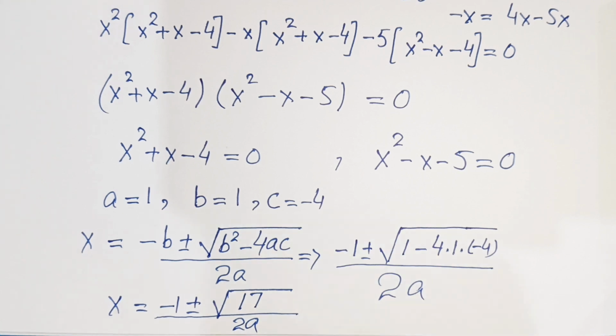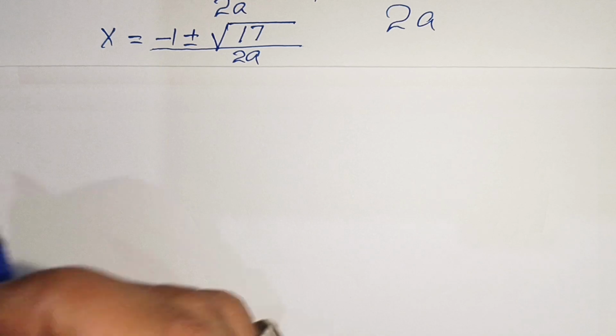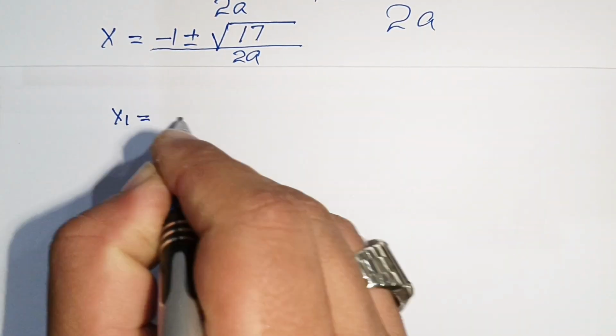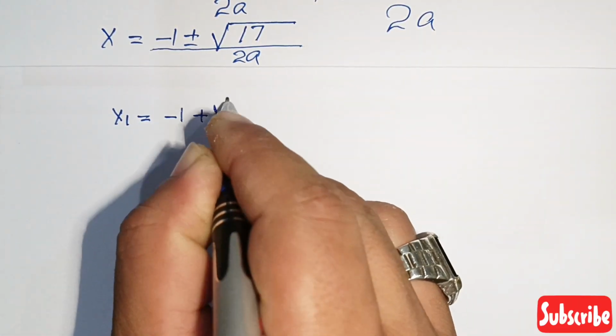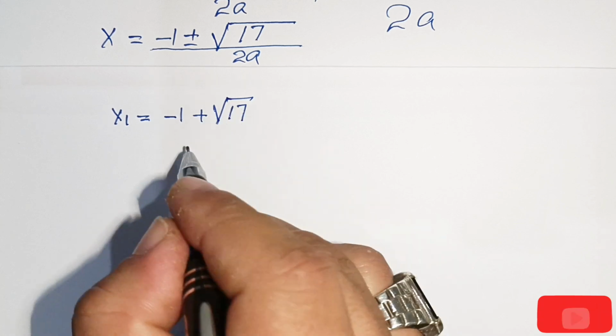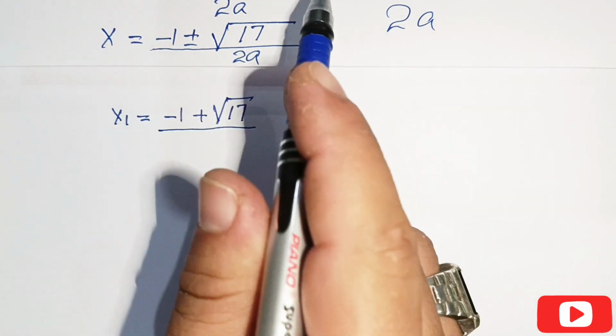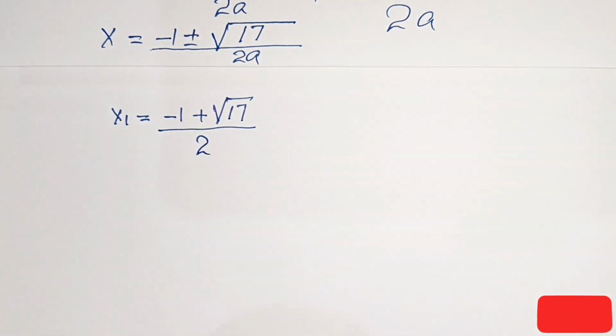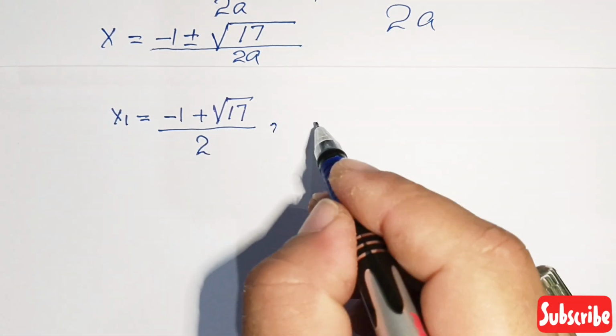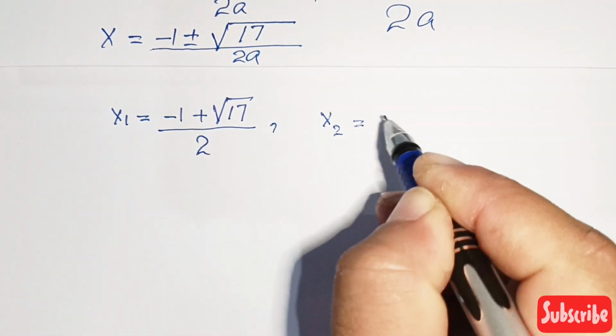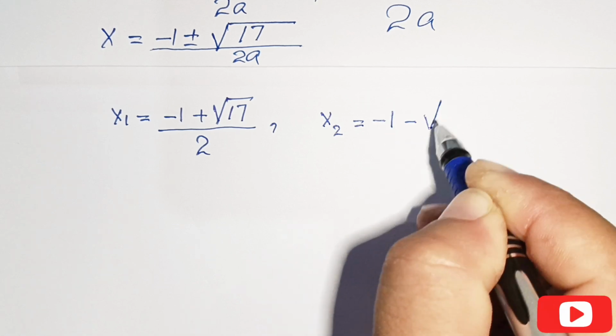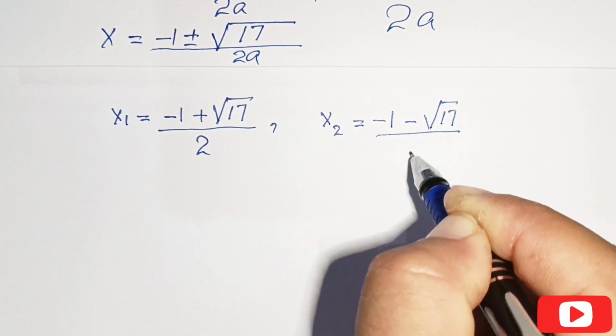Now we have two values of x from the first case. So x1 is equal to minus 1 plus square root of 17, and 2 times a is actually 2. Now our second value is x2 is equal to minus 1 minus square root of 17 over 2.